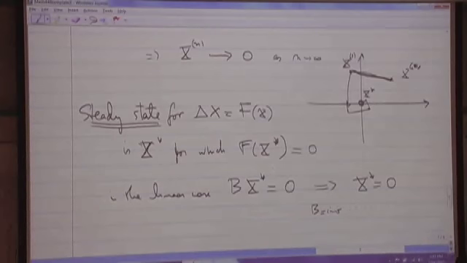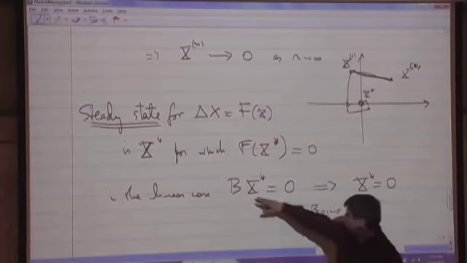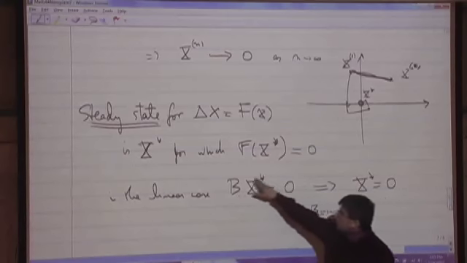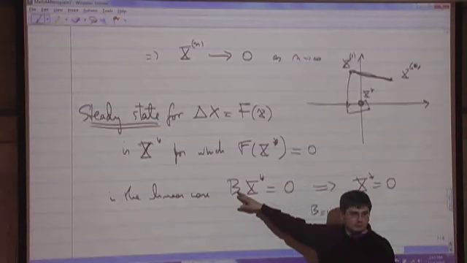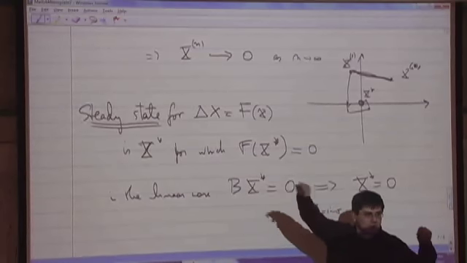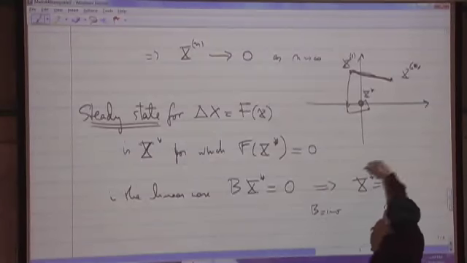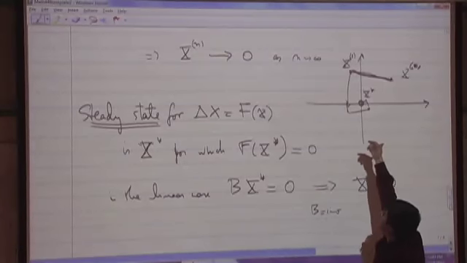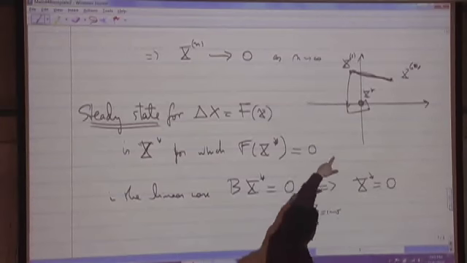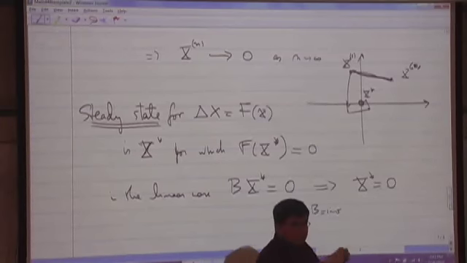Okay, even in 1D. So if it's invertible, there's more than one steady state, not necessarily all the same. If it happens not to be invertible, then when you solve this, you're going to get a whole subspace, like a line of points of zeros, which means that the steady state there is not asymptotically stable.